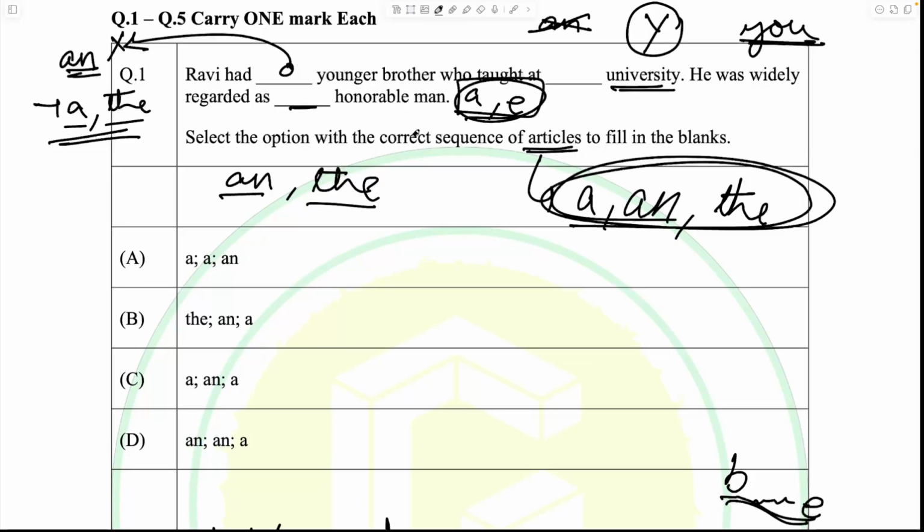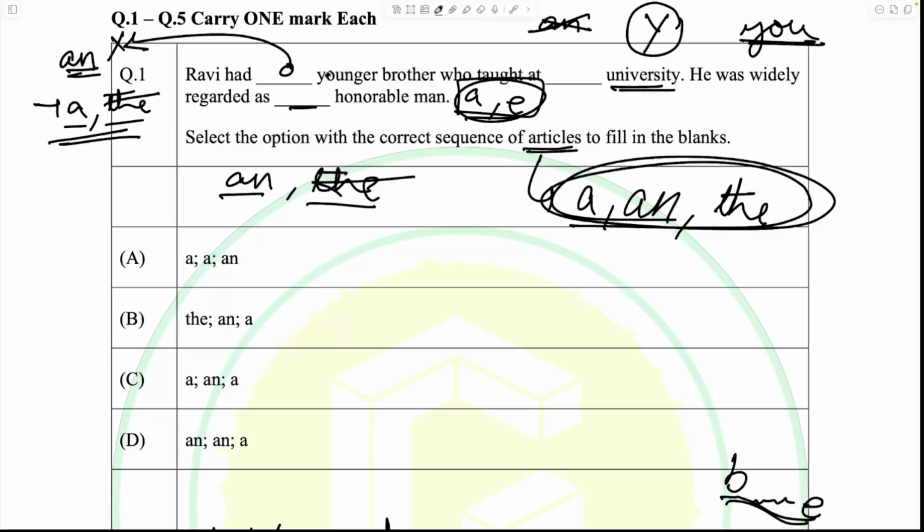And it is not very reasonable to assume that such a paragraph can be written with the younger brother being used as a general concept throughout the narrative, and university also used as a general narrative, and then honorable man also used as a general narrative in the whole paragraph, right? That is a very unreasonable assumption. So let's remove the option. If the is not present in one of them, the is not present in any of them, right?